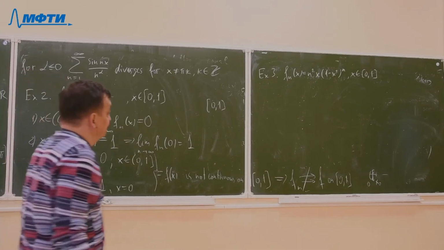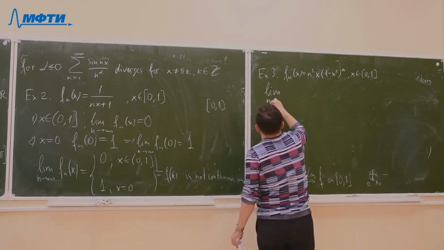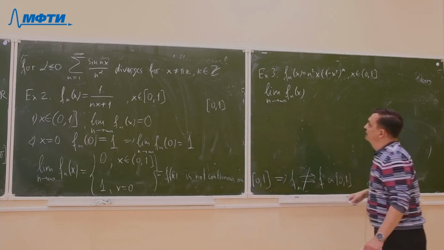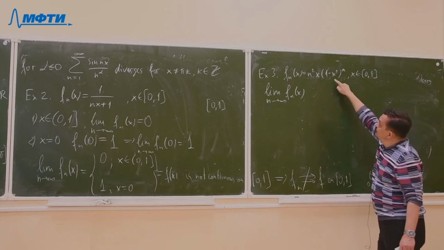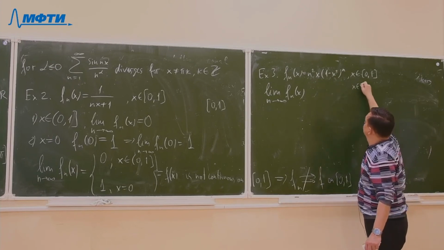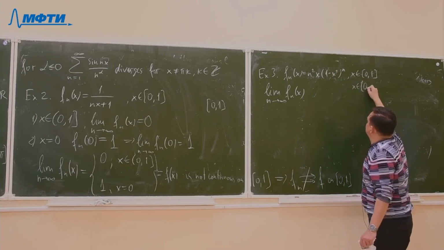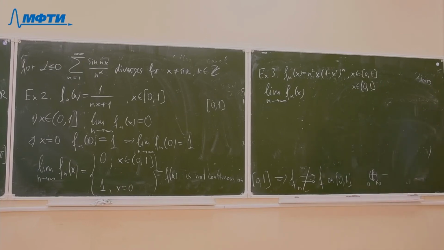Yeah, from one side, what about the pointwise limit? Look, if we take x from 0 to 1, excluding 0, right?